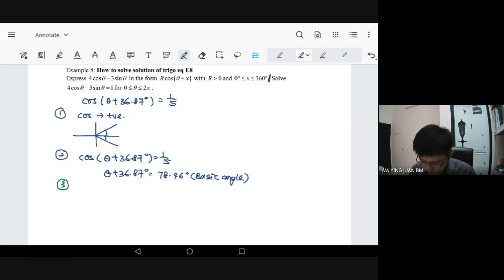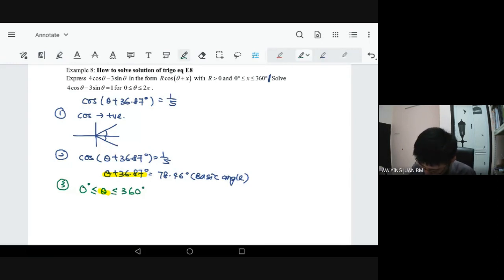So range, here we have 0. I prefer angle rather than radian. I'm not very good in radian, so I straightforward focus on the angle. So refer to the basic angle, make sure it's the same, then only you can start.